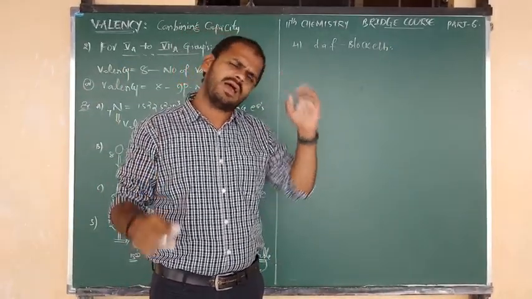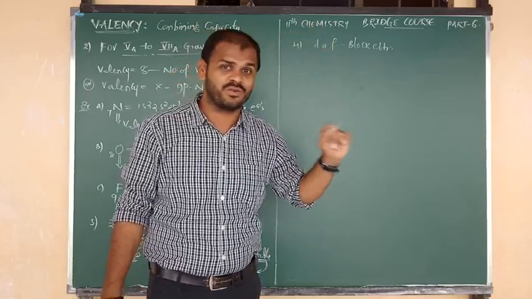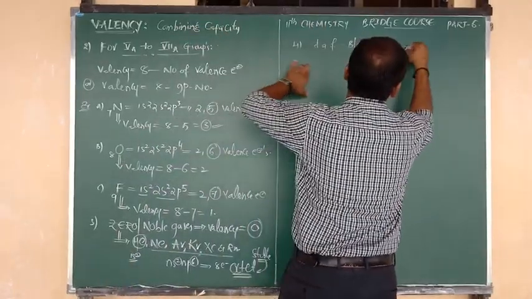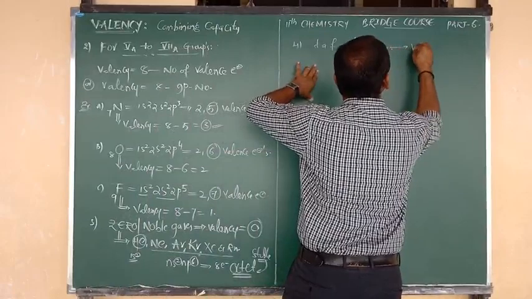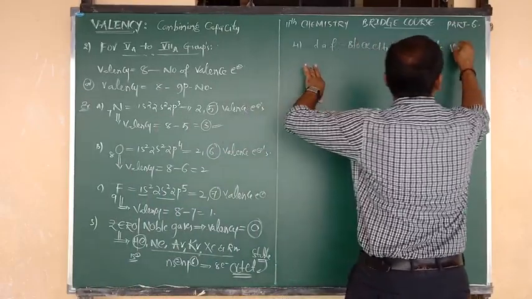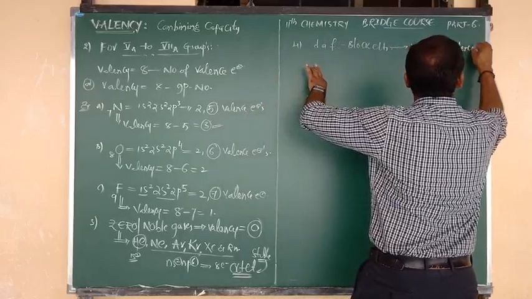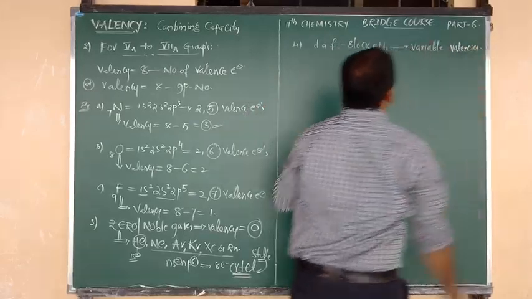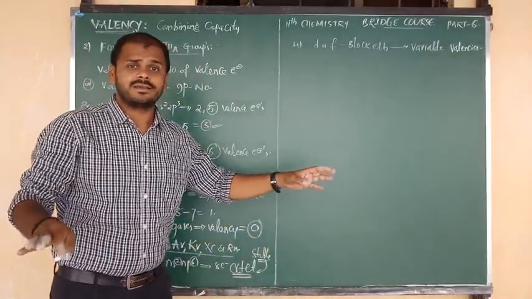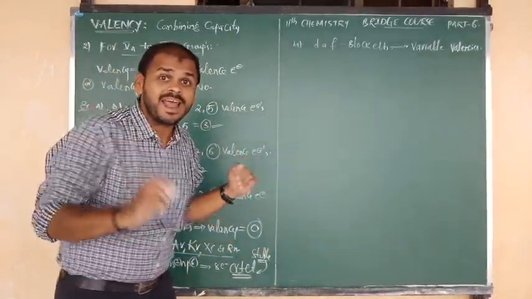We will discuss the reason why in regular classes, don't worry. But try to remember, D and F block elements show variable valencies. Means a number of valencies are exhibited by the D and F block elements, but some stable condition will be there.